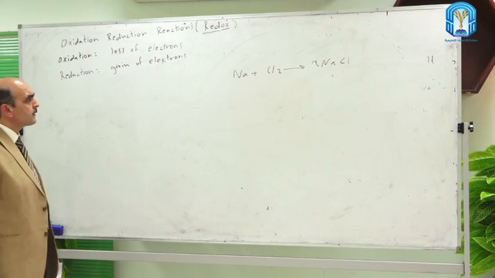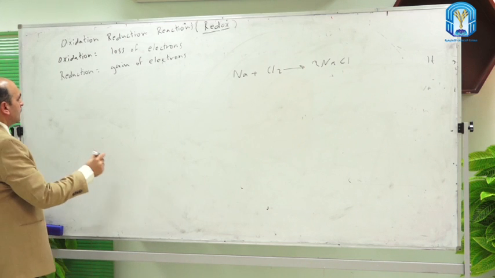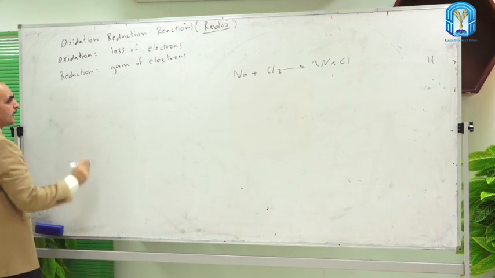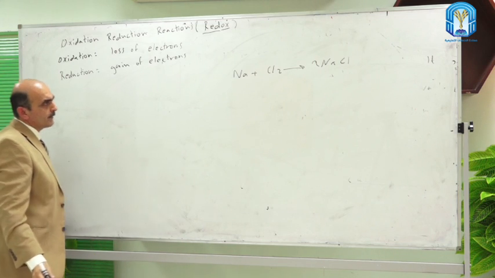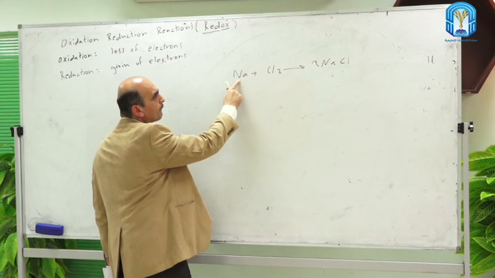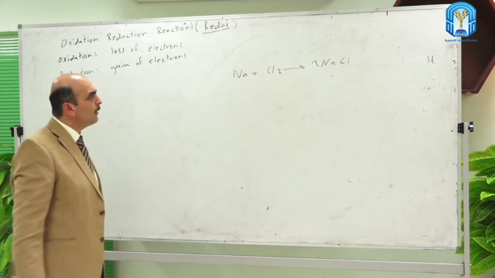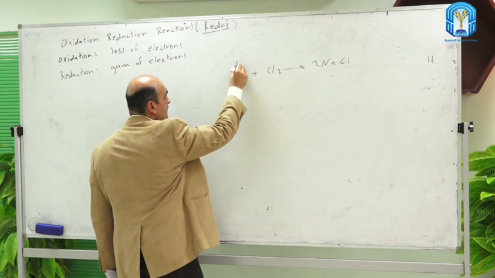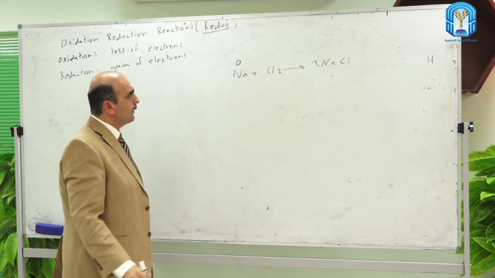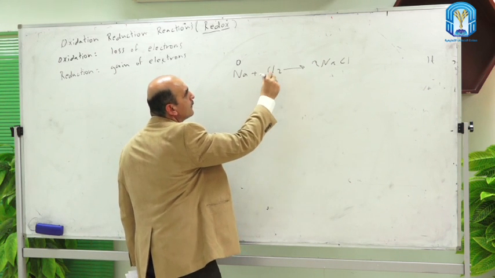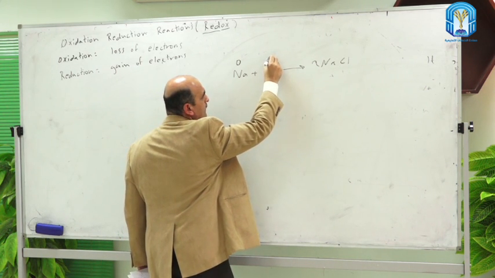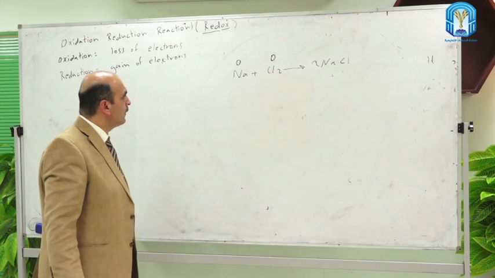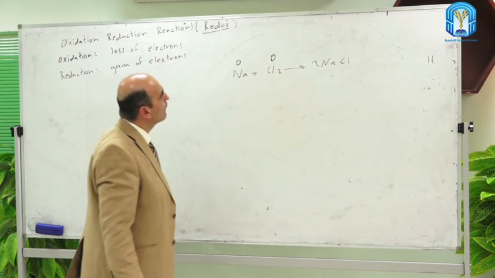The oxidation state of an atom in a free element is equal to 0. So here sodium is a free element, so its oxidation state is 0. Same thing for chlorine: the oxidation state of the chlorine atom is 0.